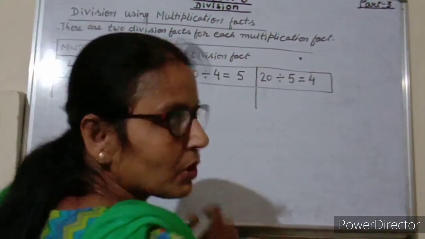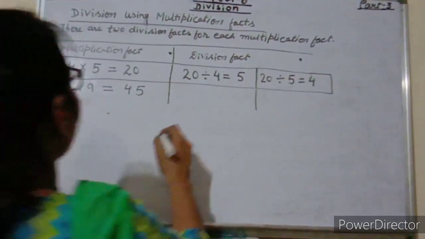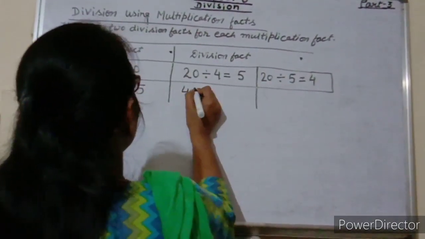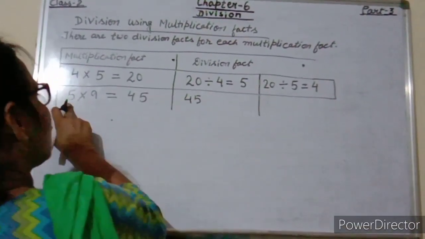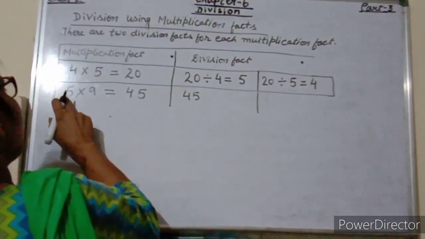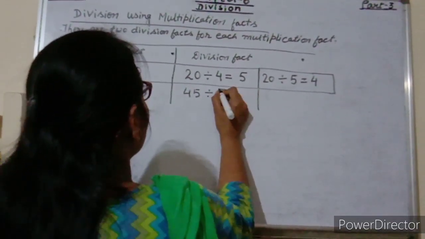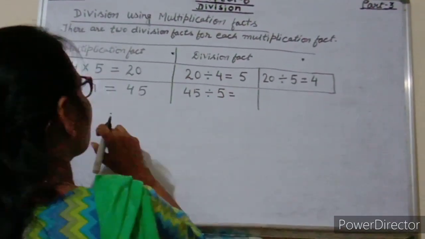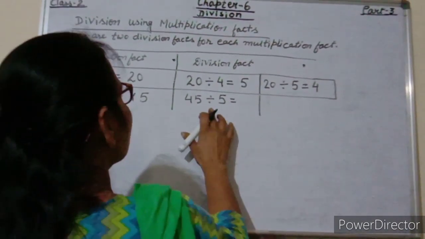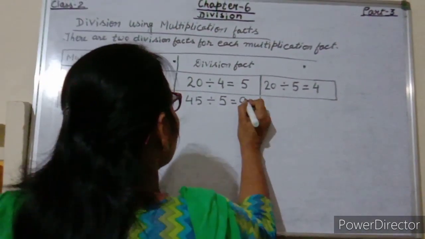Now in division fact, what will we do? We will write 45 divided by 5. So 45 divided by 5 is equal to 9.